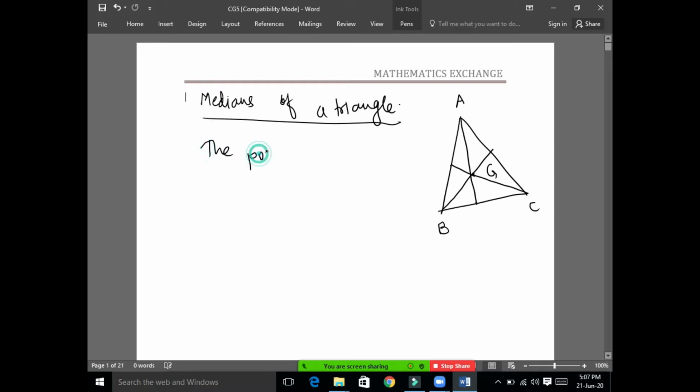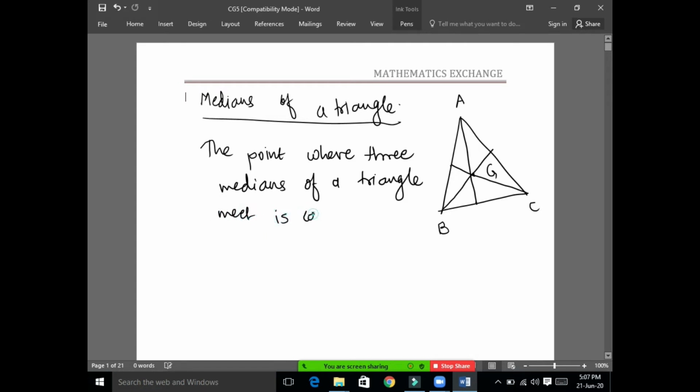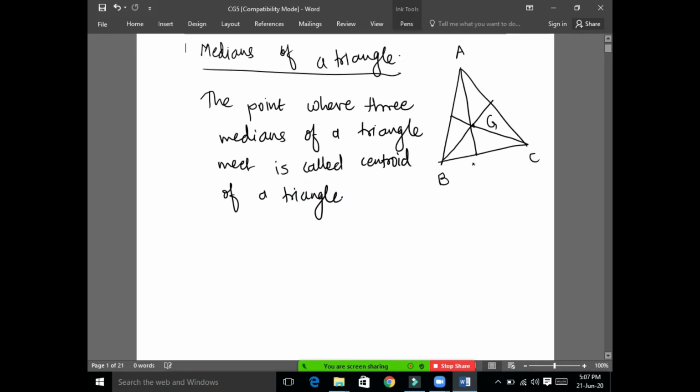So we write down the definition here: the point where three medians of a triangle intersect or meet is called the centroid of a triangle. The centroid of a triangle is denoted by capital letter G. So this is the centroid of a triangle.